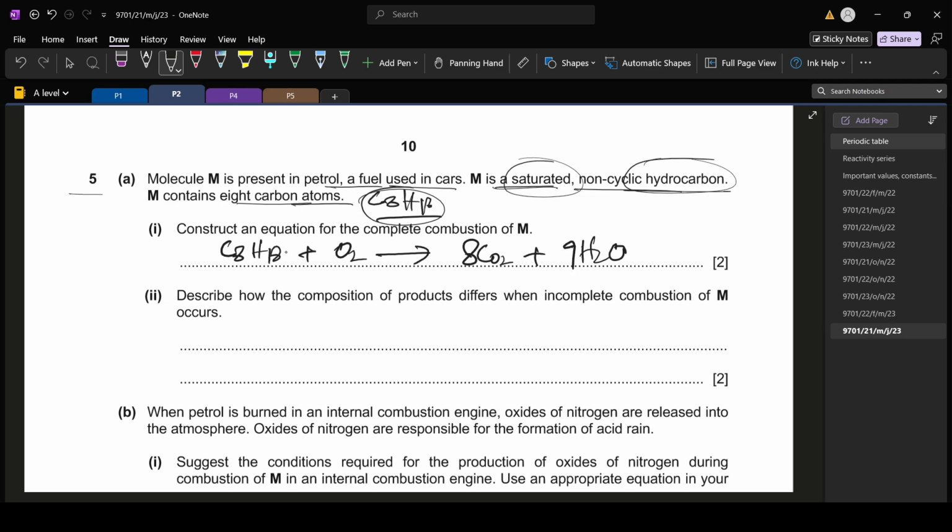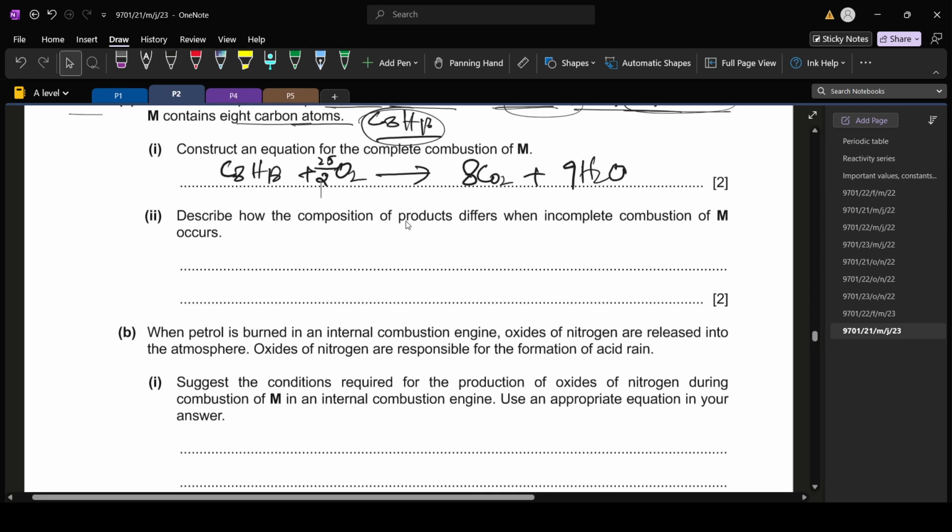And you will also balance these hydrogen atoms, so oxygen atoms. So you will get 25 divided by 2.